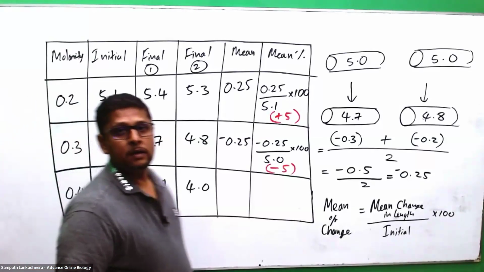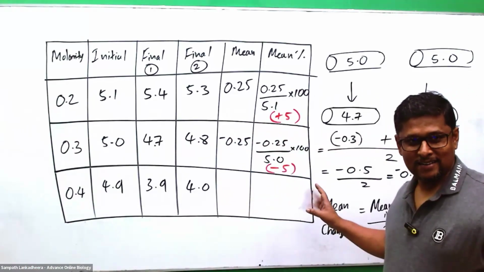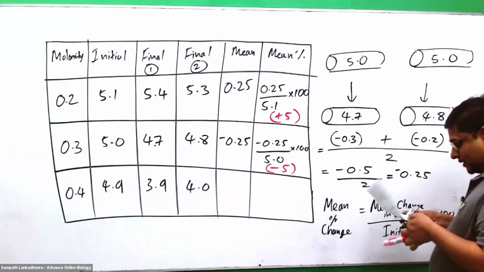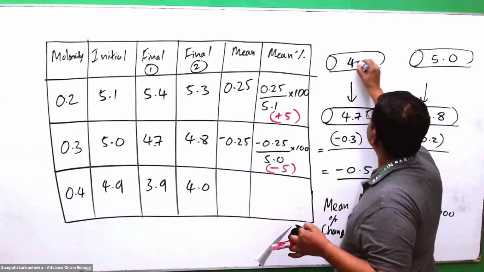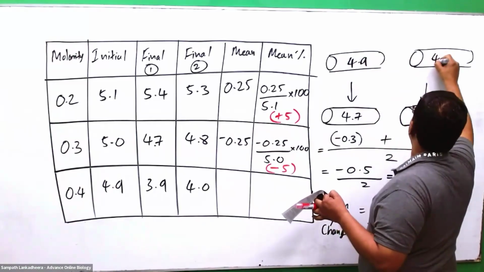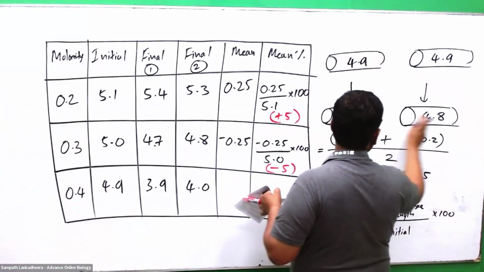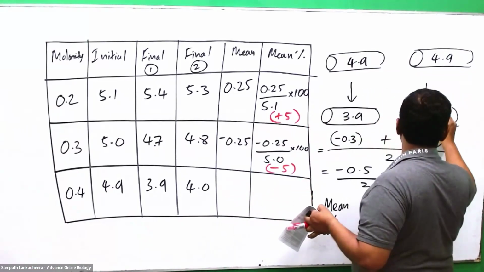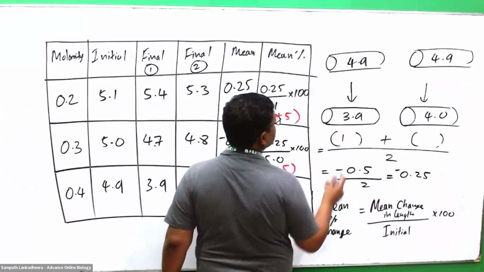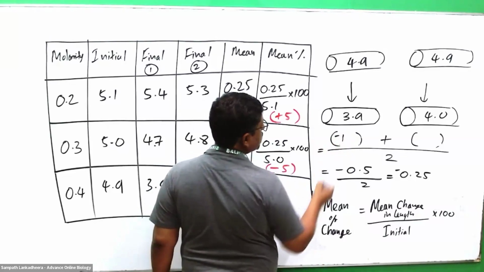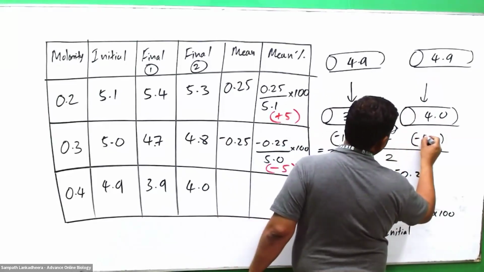Then the third calculation. Simple, you learn all this. Here the initial is 4.9 for both. The final values are 3.9 and 4.0. So what is the change in length here? Minus 1. And here, minus 0.9.